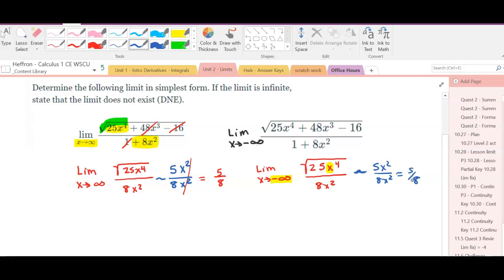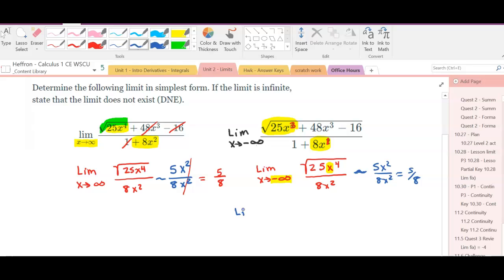But let's think about this differently. Let's say this problem was the third power, and in the denominator we had 8x to the 1, or something. 8x to the 1. So the things we'd be looking at are this term right here and this term right here.